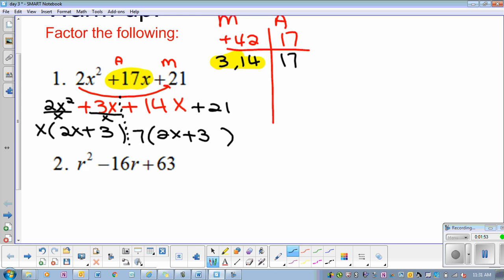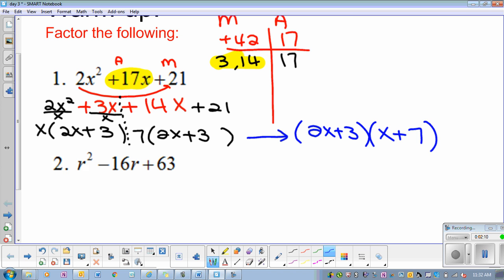How do I know that I did this right? The parentheses match. And then you just have to, sorry, I'm going to write it over here. Double parentheses. Then 2x plus 3, and then x plus 7.